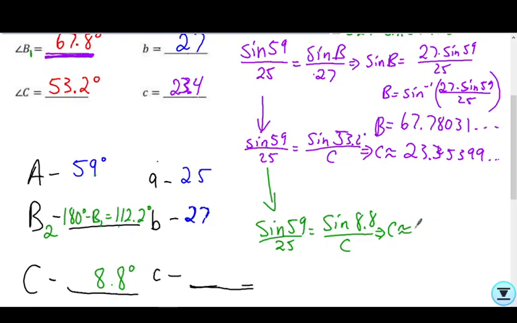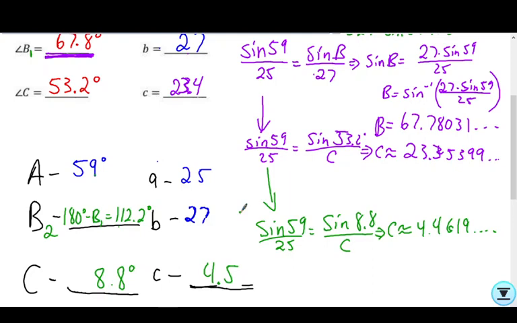And when we cross multiply and plug it into our handy dandy calculator, we get 4.4619 blah blah blah, and when we round it to the tenths place, we get 4.5. Okay? That's how you find a second solution. It's really simple. It's not complicated.